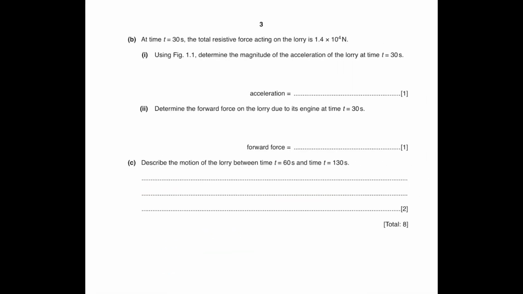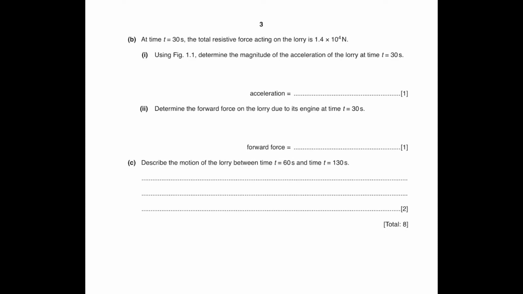Right. Then next question. At t equals to 30 seconds, the total resistive force acting on the lorry is 1.4 exponent 4 Newton. Using figure 1.1, determine the magnitude of the acceleration of the lorry at time t equals to 30 seconds.